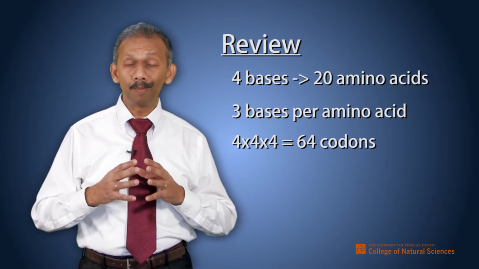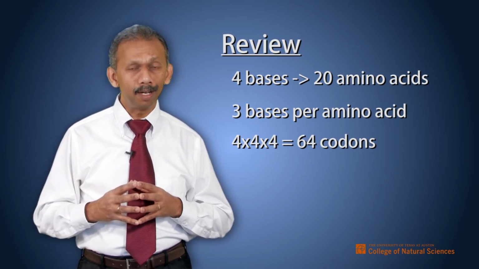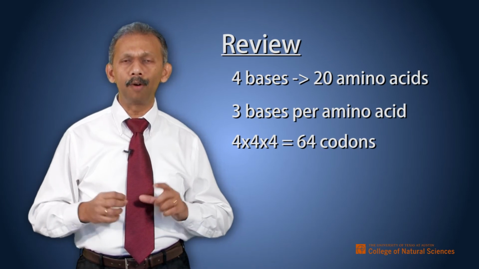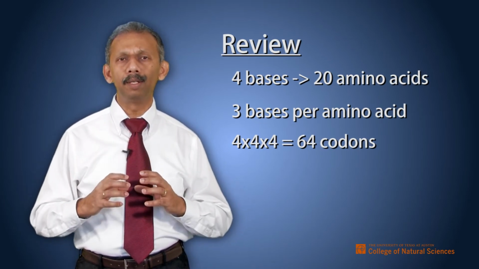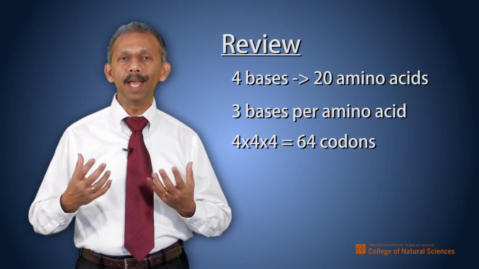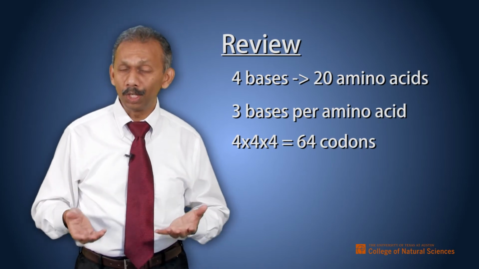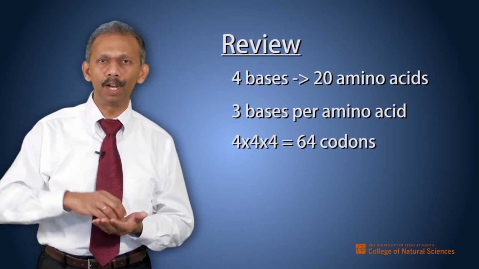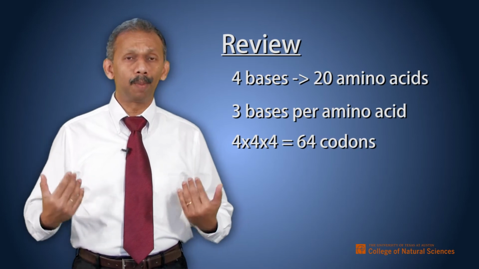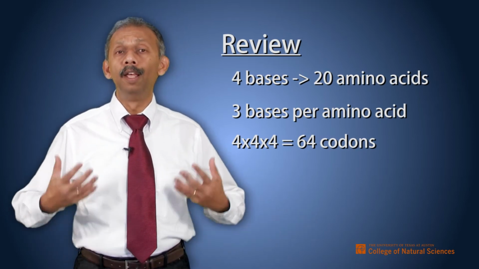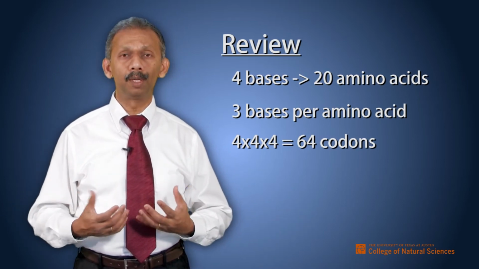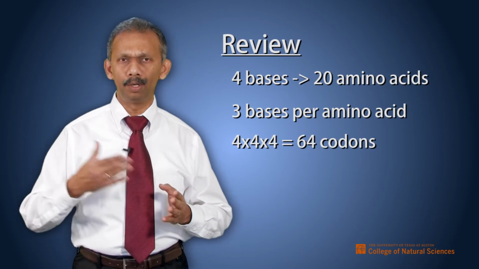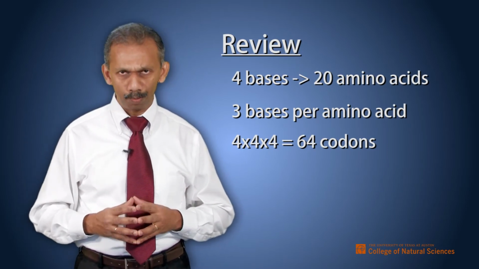That's a lot of work, but it was done in a relatively short time, and they figured out the universal codon information. It's universal because from a simple bacterium to a complex organism like humans or whale or elephant, they use a very similar principle of codon translation into protein.